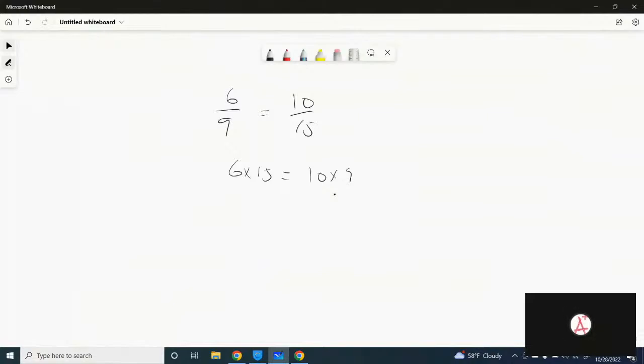Got it? 15 times 6 is 90, and 10 times 9 is 90. So they are equal. That means yes, the fractions are equivalent. Got it? So the answer is yes.